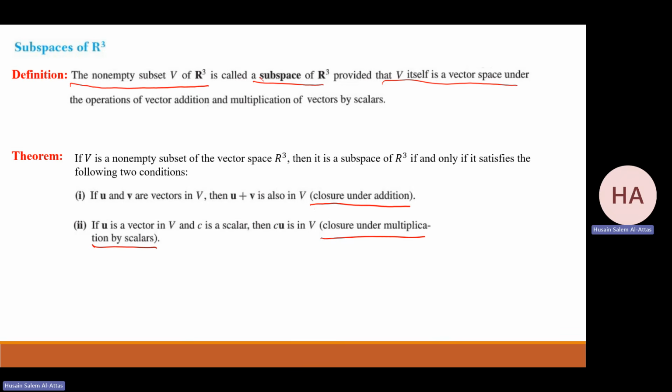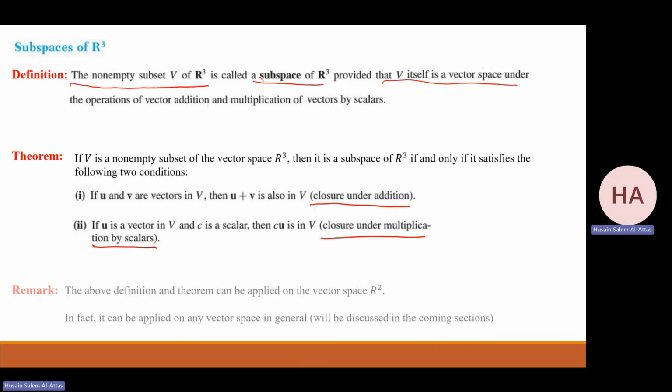That's mainly the closure under addition, closure under scalar multiplication. The same definition can be applied for Rn, not only for R2. And this is what they did in 4.1. They talk only about R2, R3. In 4.2, they talk about R4. The same idea.